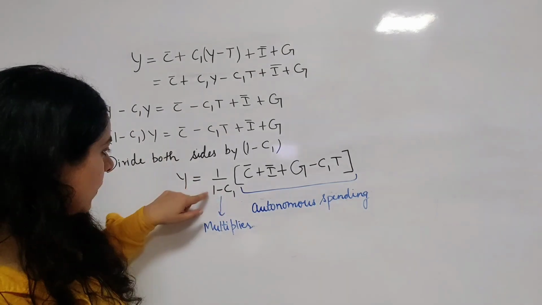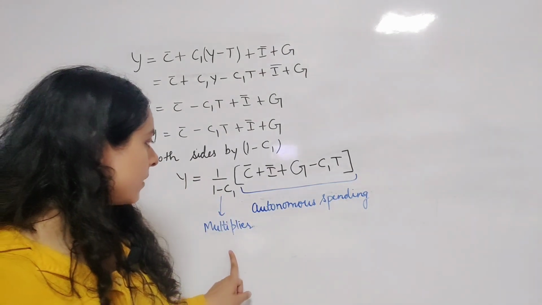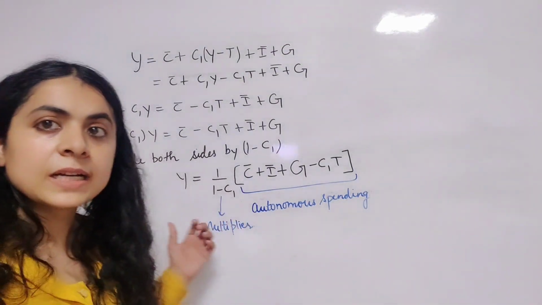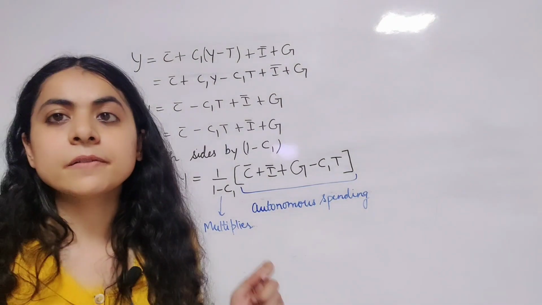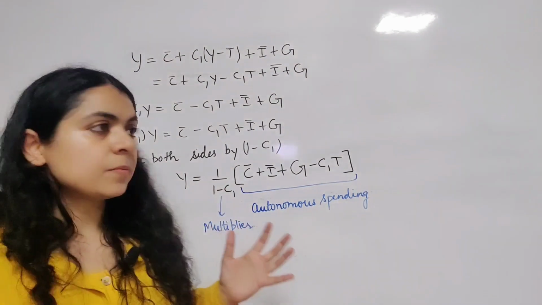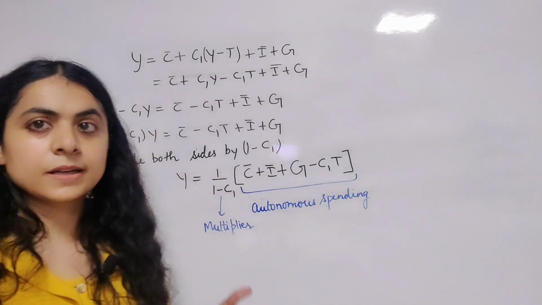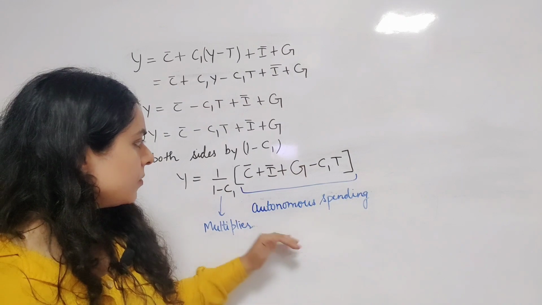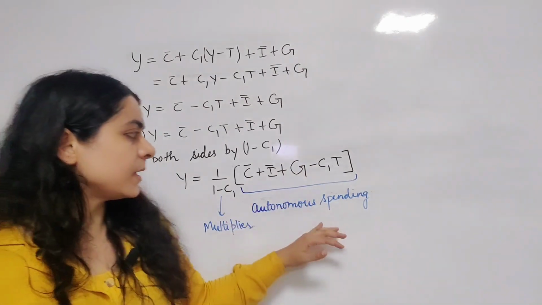And this 1 over 1 minus C1 represents the multiplier, where C1 represents marginal propensity to consume. Higher the value of C1, higher will be the value of the multiplier. The concept of multiplier we will be discussing in the next video, and this portion represents autonomous spending.